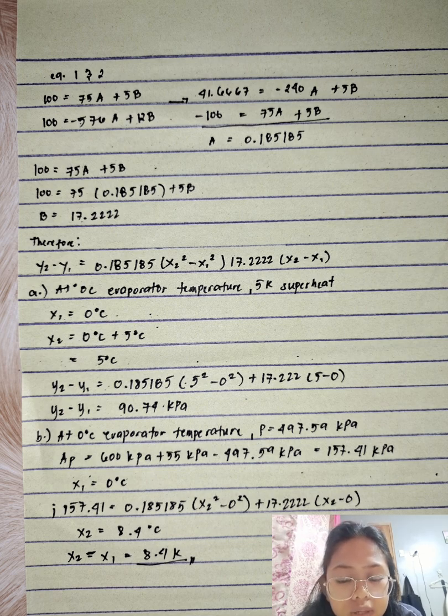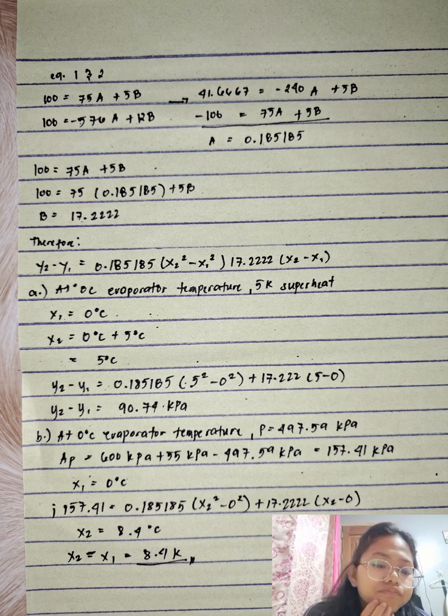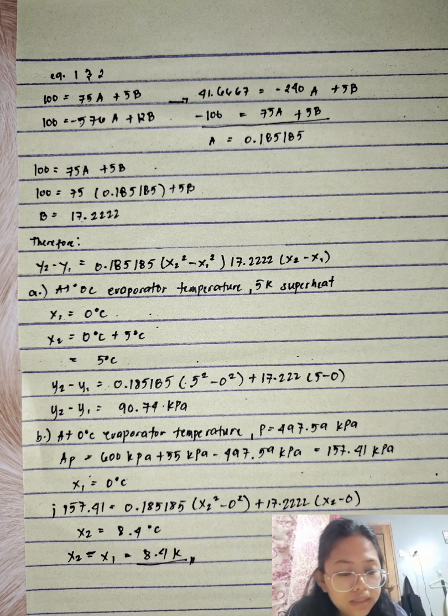And we have our A at 0.185185. So for B, we have 75 times 0.185185 plus 5B. So we get our B, 17.2222.